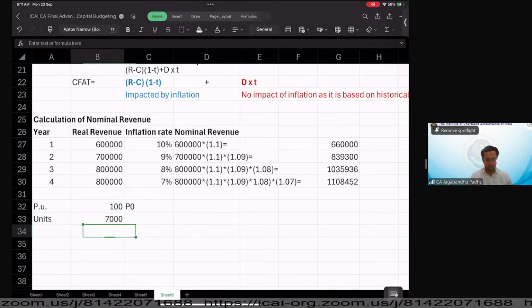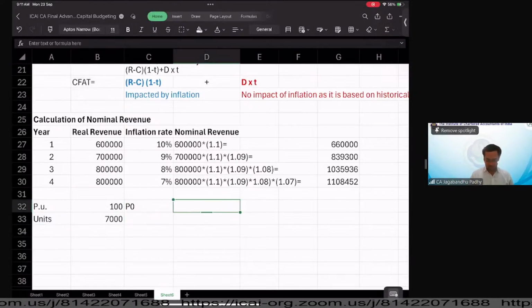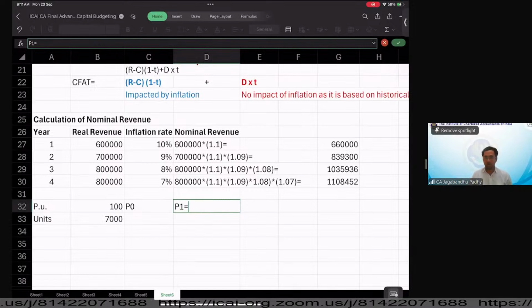Now, if I want to calculate the price in year 1, tell me what will be the price in year 1? If we have the current value of the price in year 0 to be 100, what will be the price of the product in the first year? 110, right? Because there's an inflation of 10%.